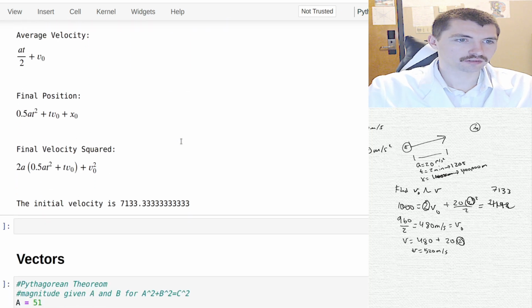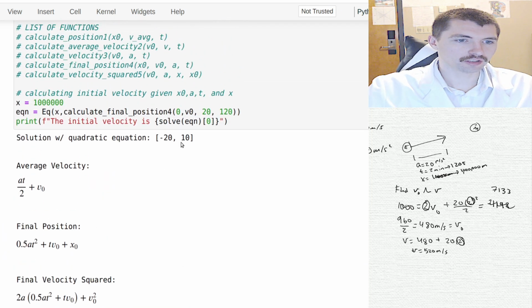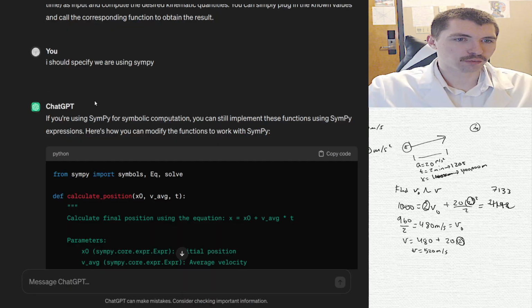Okay. Initial velocity is that. So I want this just to be reworded.